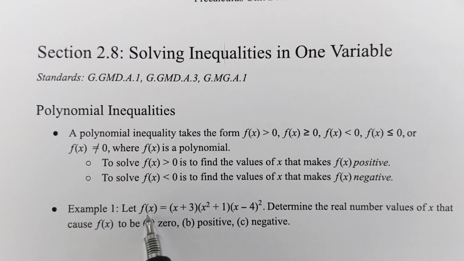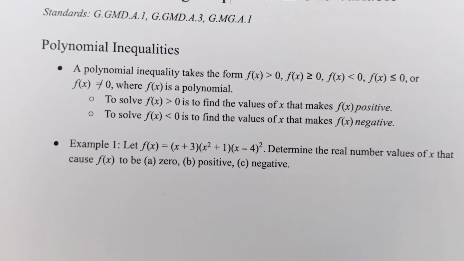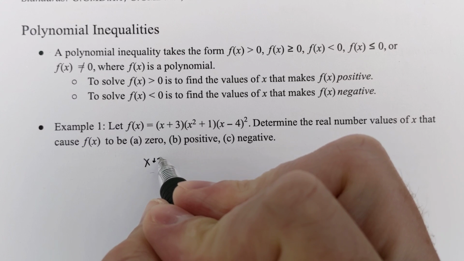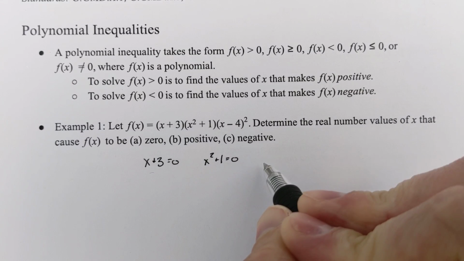So example 1, let f of x equals x plus 3 times x squared plus 1 times x minus 4 squared. Determine the real values of x that cause f of x to be 0, to be positive, to be negative. To be 0 is relatively straightforward. It's essentially just like solving the equation. So we take each factor separately, equal to 0, and we solve them.